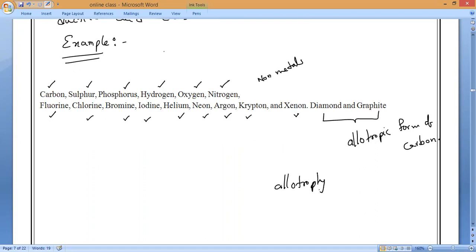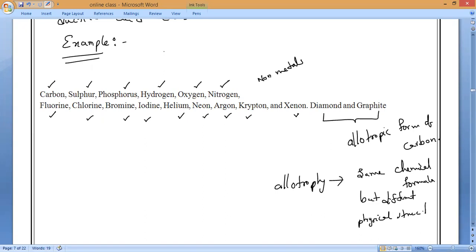Allotropy means same chemical formula, but what is different? Physical structure is different. Is it okay? Second time I am teaching. Please learn it. Understand? So this is what we call non-metals.